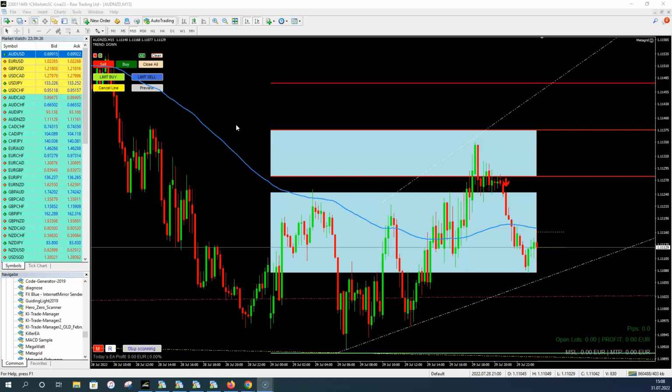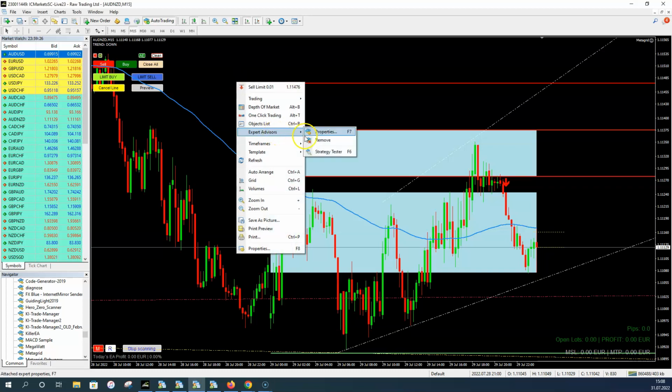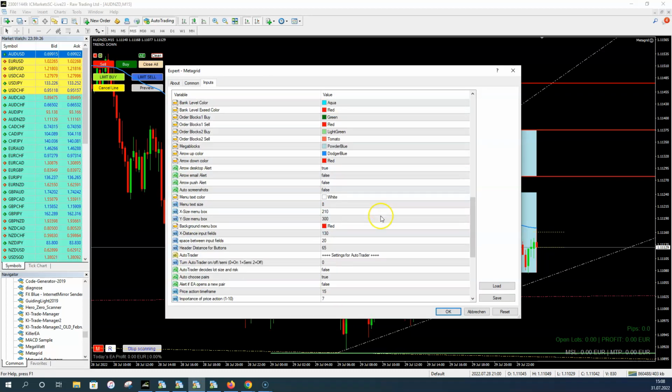We are not at the end with the auto trader, because I have to show you two more things, and they are very important because we need more charts open so that the auto trader works like it should, okay?